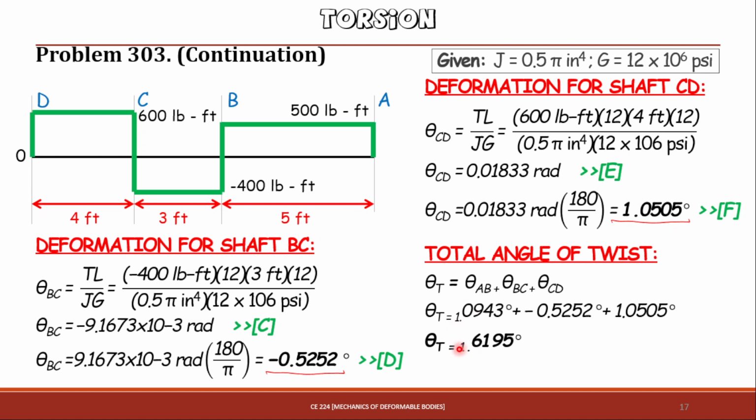So we have the final answer of 1.6195 degrees. And this will be our final answer for this particular problem. Okay, so this is the angle of twist of D with respect to A. So, any questions so far before we move on?